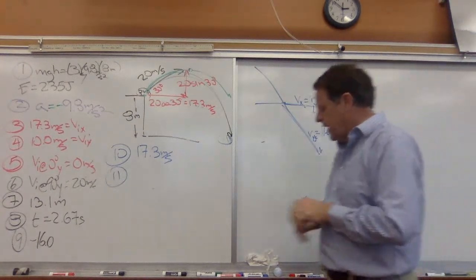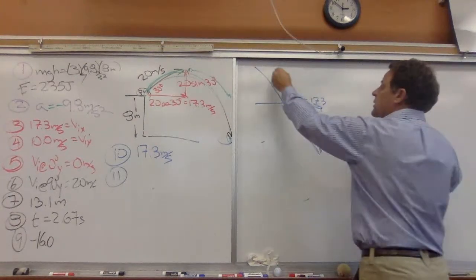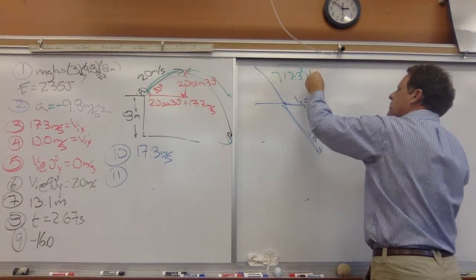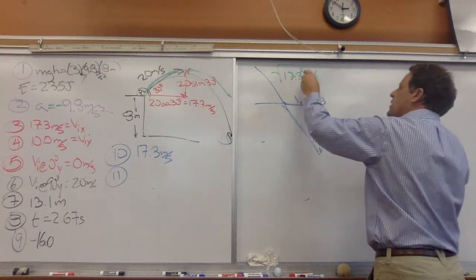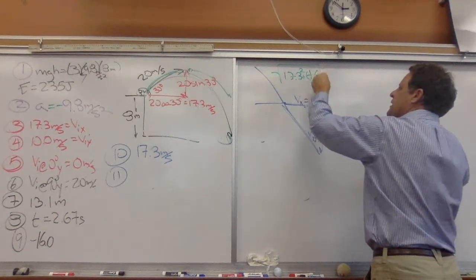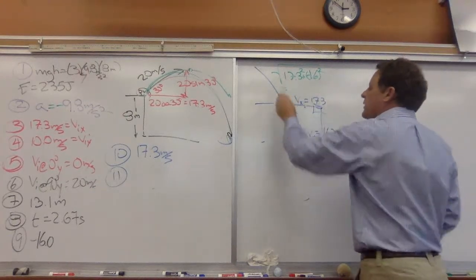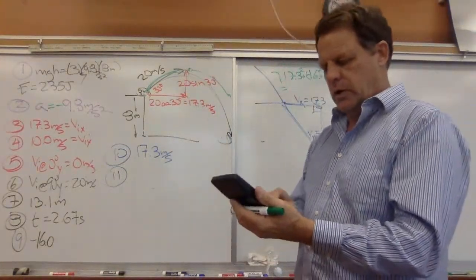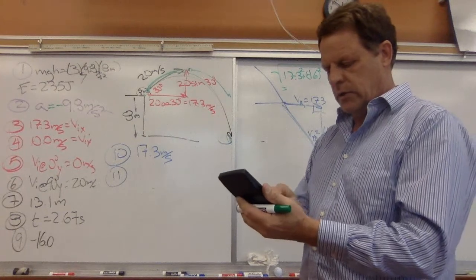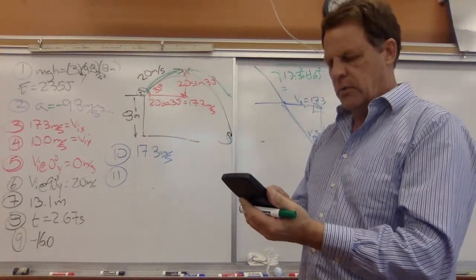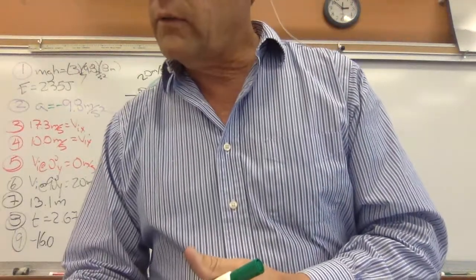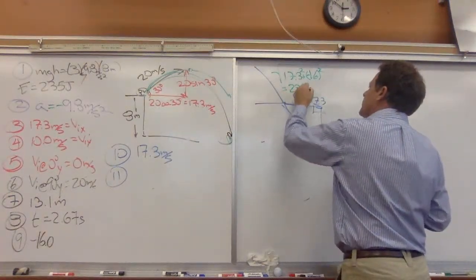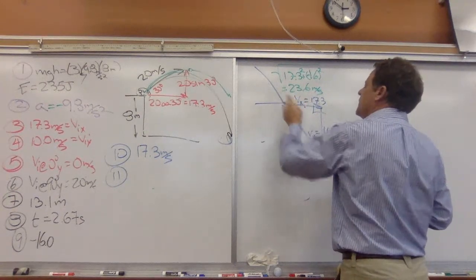That hypotenuse is just going to be the Pythagorean theorem: the square root of a squared, 17.3, plus b squared, which is 16. Notice that even if we have a negative and it gets squared, it's going to turn positive. When we work that out, the square root of 17.3 squared plus 16 squared, we get 23.56, so 23.6 meters per second.